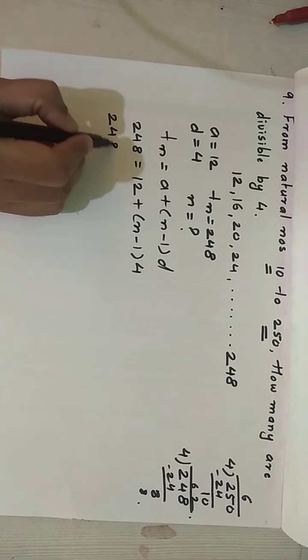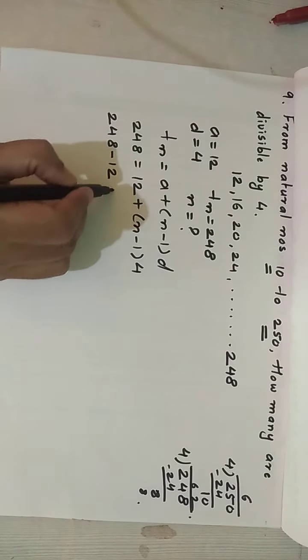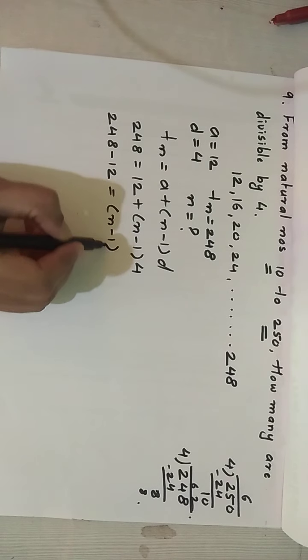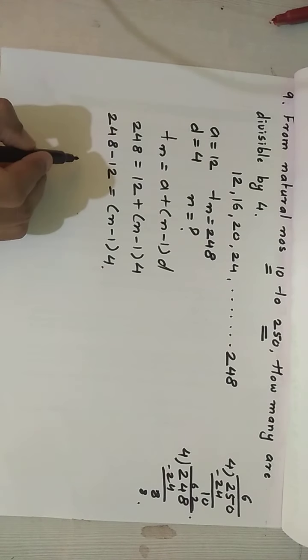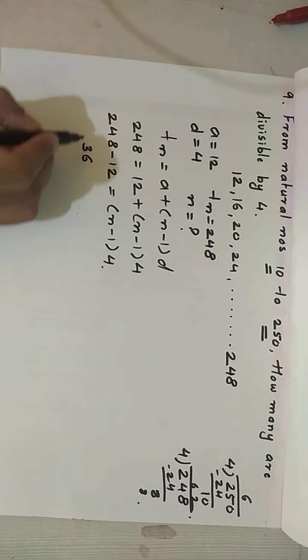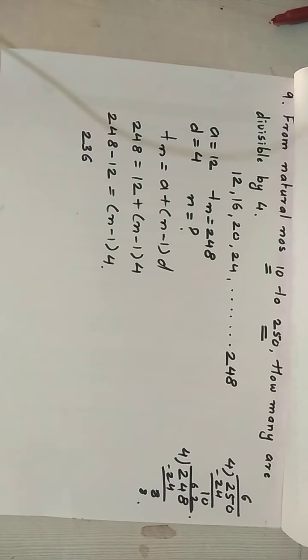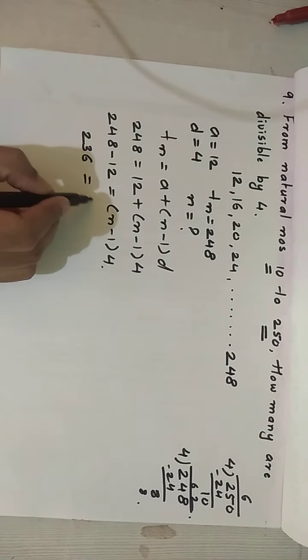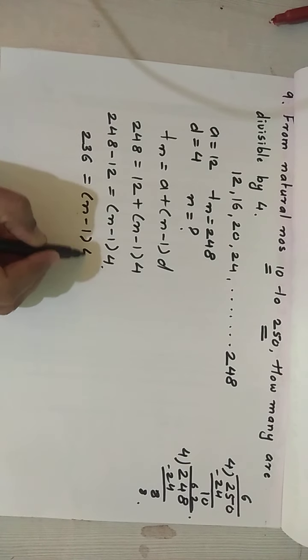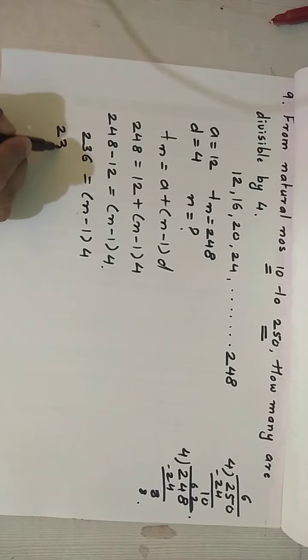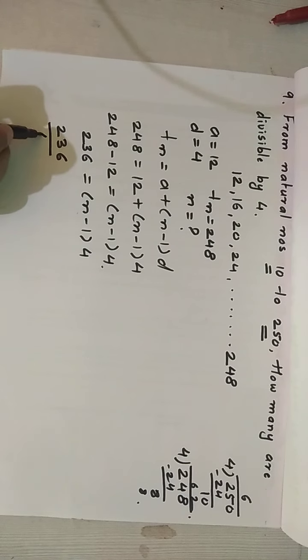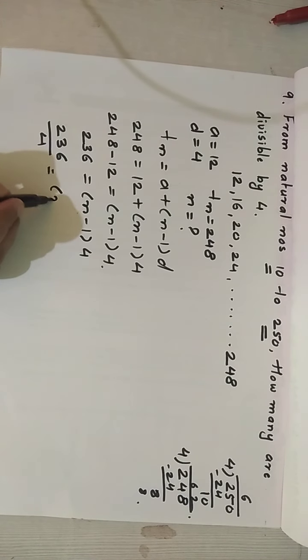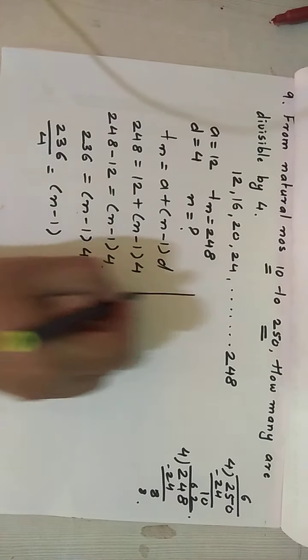So 248 minus 12 is equal to n minus 1 into 4. 248 minus 12, answer will be 236. 236 will be n minus 1 into 4. 4 is multiplied, 4 will get divided, is equal to n minus 1.